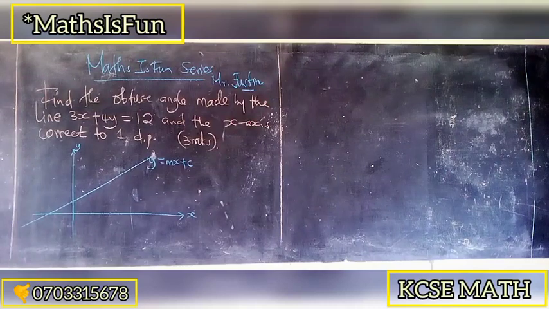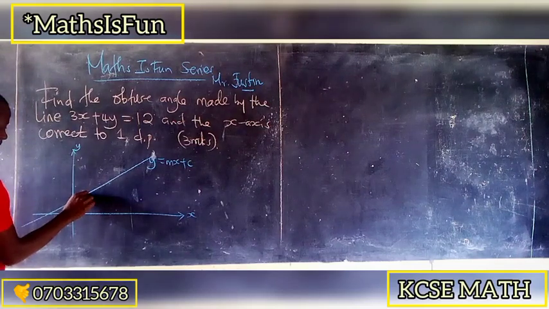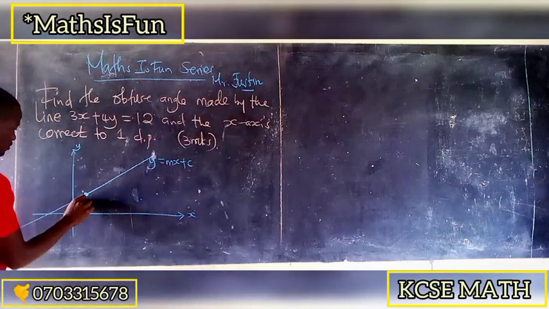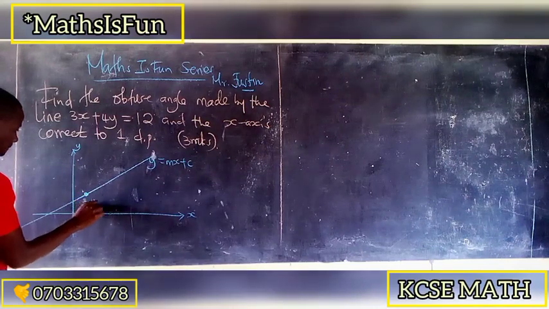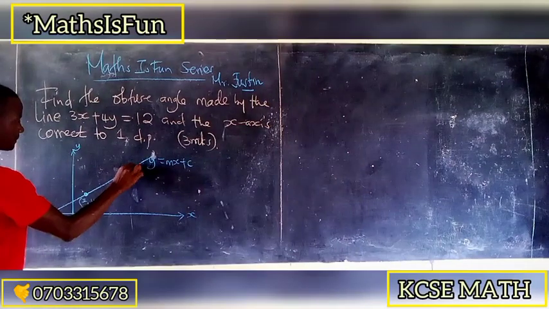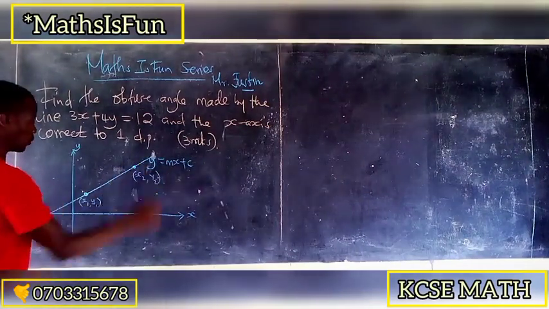If we want to find the gradient of this line, we will pick some 2 points. Maybe this is x1, y1, and another should be x2, y2.